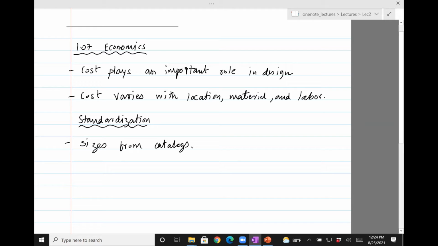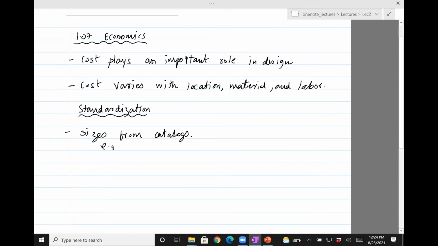But if you look at the catalog, you may not find a part which is 53 millimeters. It can be 50, 55, 60. So you've got a choice there. You only want to use a part which is one of those three specifications, because if you want to make a 53 shaft diameter, then you'll have to machine it yourself. And if you machine it and if it breaks, then you cannot procure it from somewhere. You'll have to make it again. So by standardizing, you're ensuring that your parts are uniform, and that way you can keep the cost down.